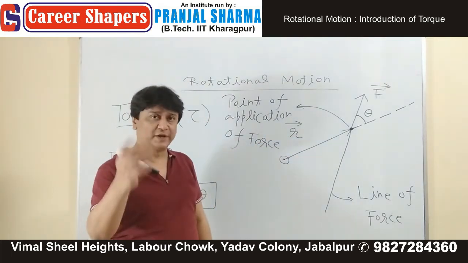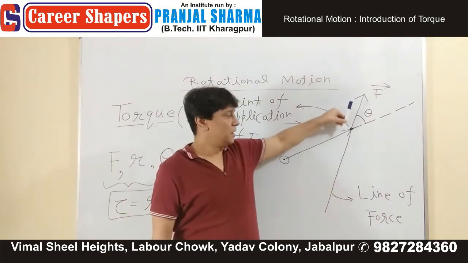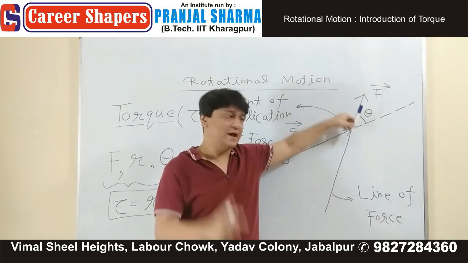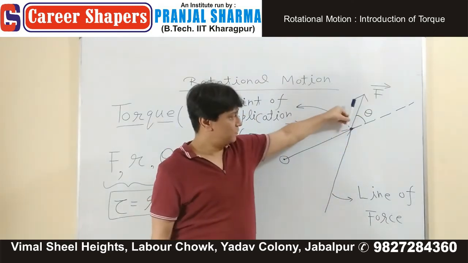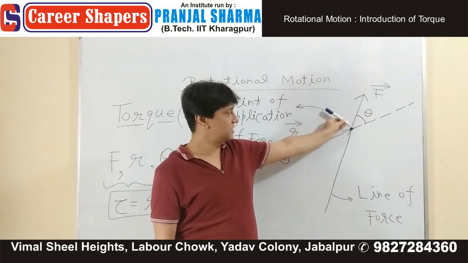Why do we choose these different terms? There are infinite number of forces which can act at a given point of application. You can apply a force like this. You can also apply a force like this.